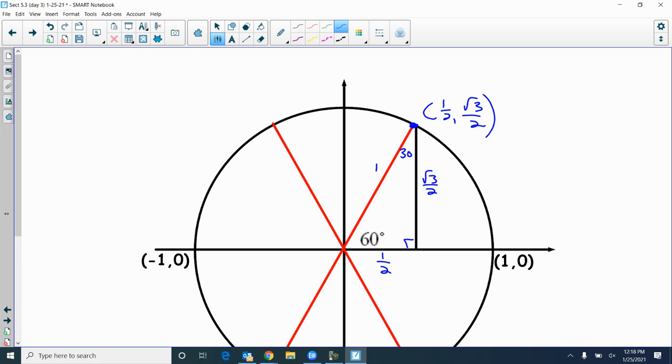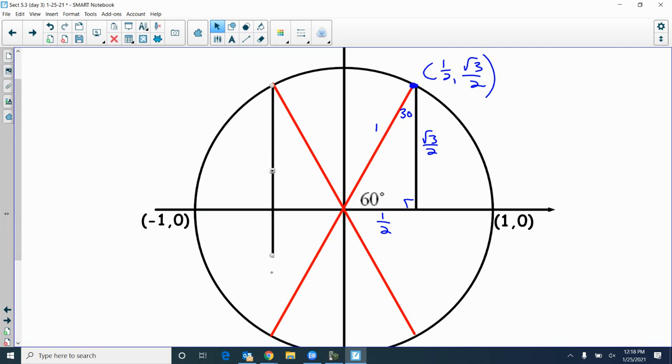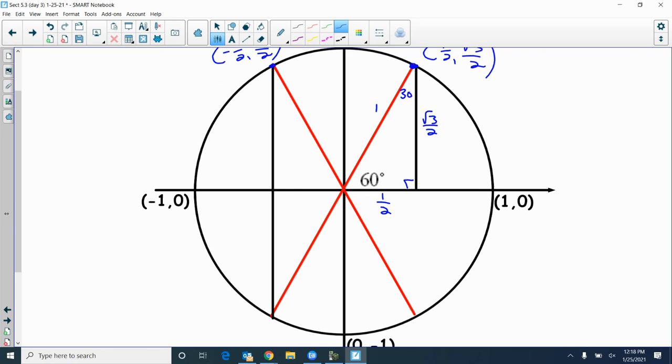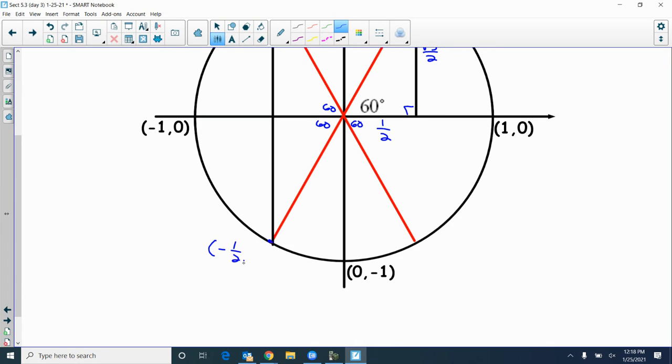All those other points, when you drop that perpendicular down, give us the same thing except positive or negative. That angle will be 60, 60, 60. Now they're both negative here, and I got 1/2, negative square root of 3 over 2.